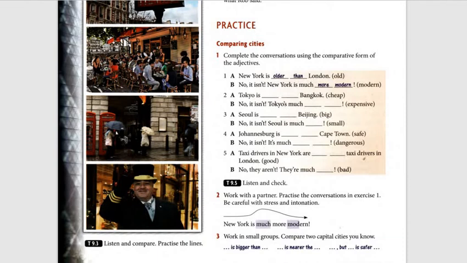Tape script 9.5. Comparing cities. 1. New York is older than London. No, it isn't. New York is much more modern. 2. Tokyo is cheaper than Bangkok. No, it isn't. Tokyo's much more expensive. 3.